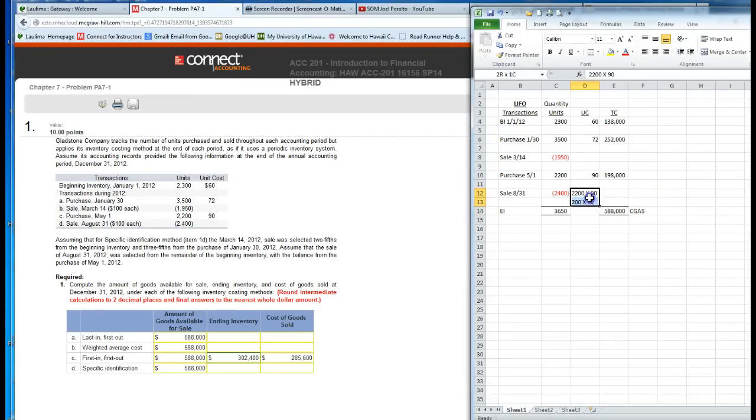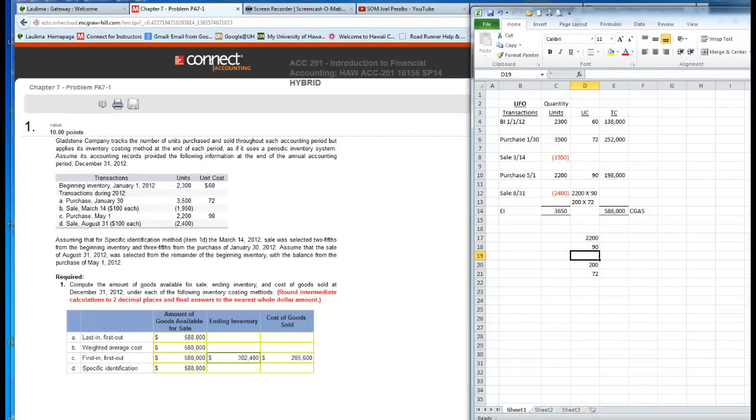So if we were to do these calculations and add them up, let me see if I can do that down here. 2,200 at 90, and let's see, 200 at 72.